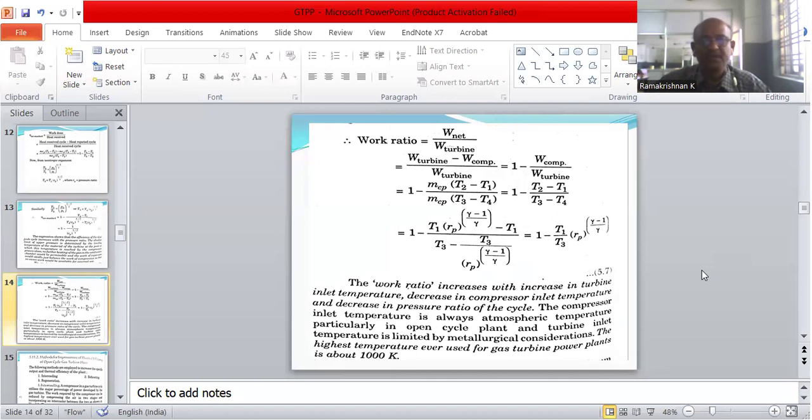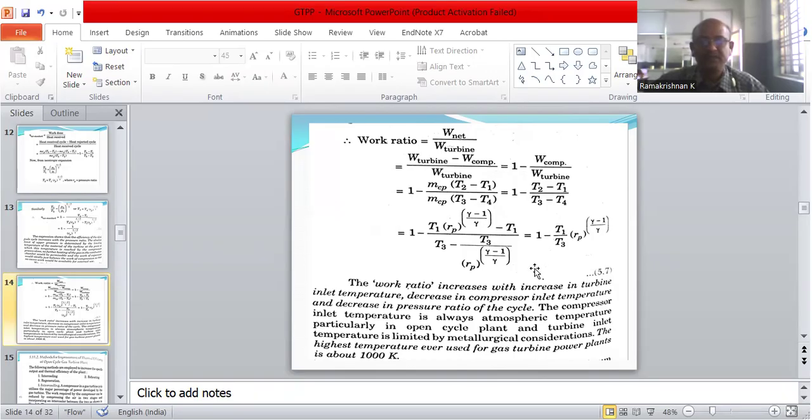Similarly, the work ratio is the net work developed divided by the turbine work. The net work is the useful output, but the compressor work is utilized, so we have to subtract it: turbine work minus compressor work divided by turbine work.